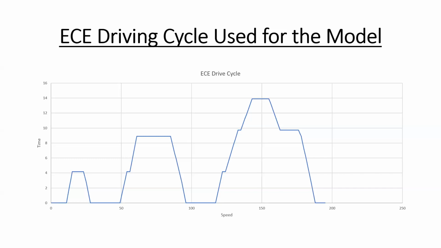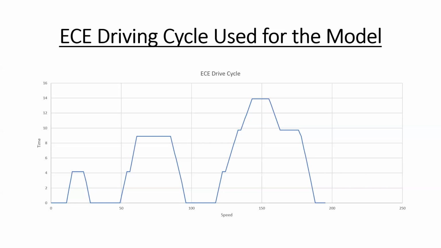And using those X and Y points, we have plotted this graph, and this is how we are asking our electric vehicle to move. So whatever model we are going to design today, it is going to follow this drive cycle. So we are not going to manually control anything. We are not going to provide any speed from our side in between the running of the model.